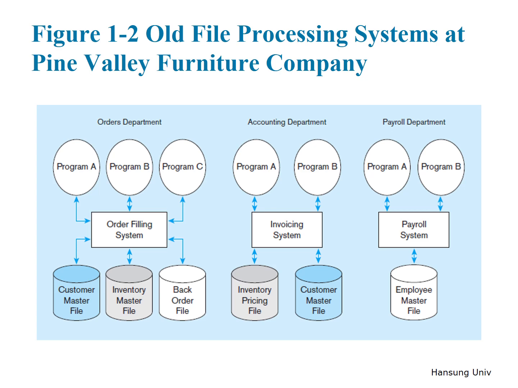And then duplication of data. Note 2 different files containing inventory data. One is used for order filing and the other for invoicing. This duplication is wasteful because it requires additional storage space and increased effort to keep all files up to date.